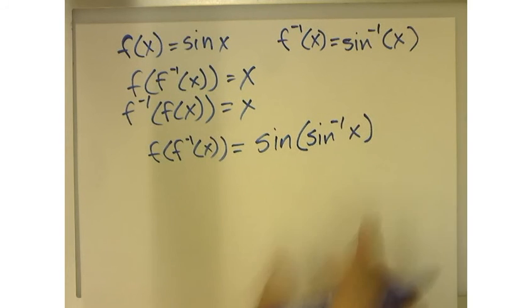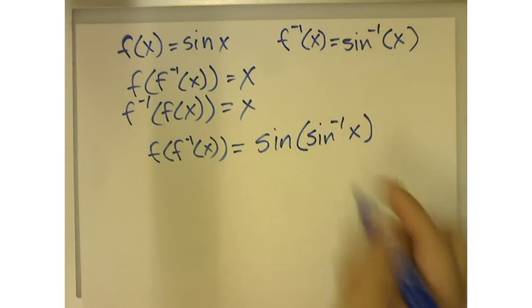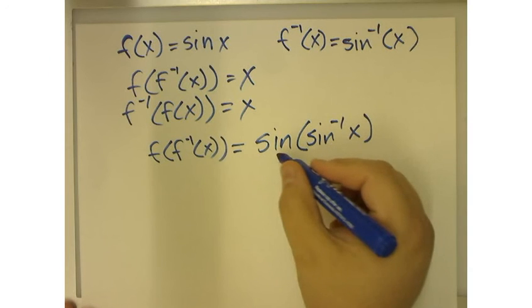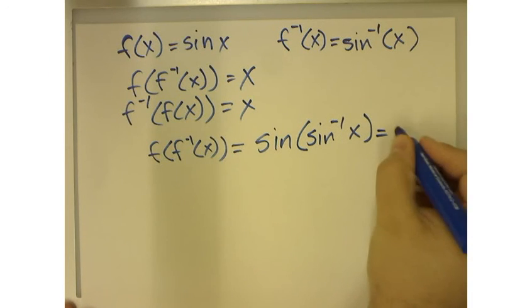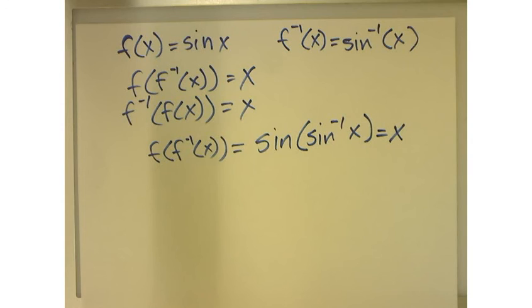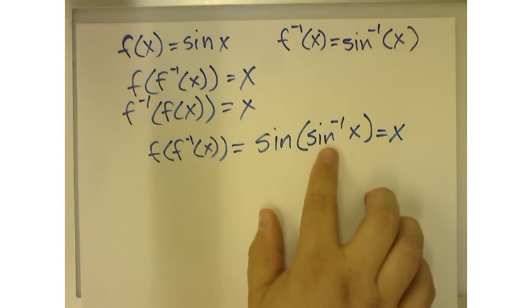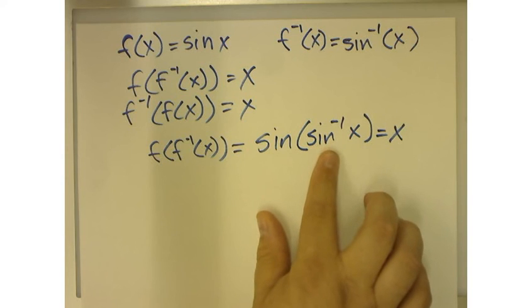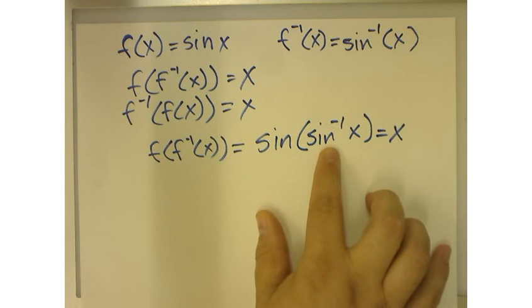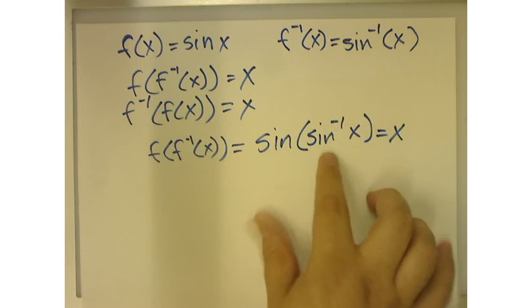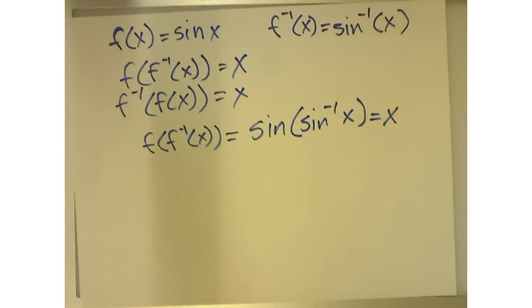And since these two are actually inverses, the inverse undoes what the sine function does, and we are left with x. And that's how that works. And we use this a lot to solve. In fact, we teach you this probably as early as geometry to solve for angles. But now we're going to use this a little bit more algebraically in your calculus class.